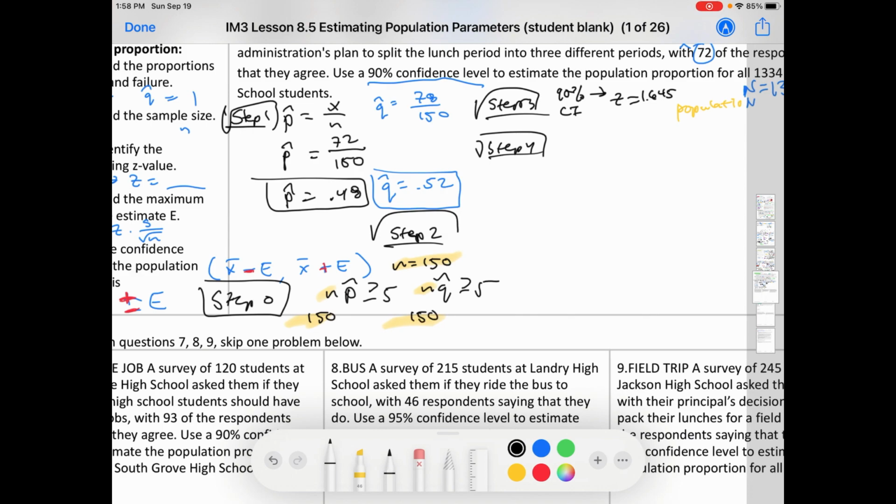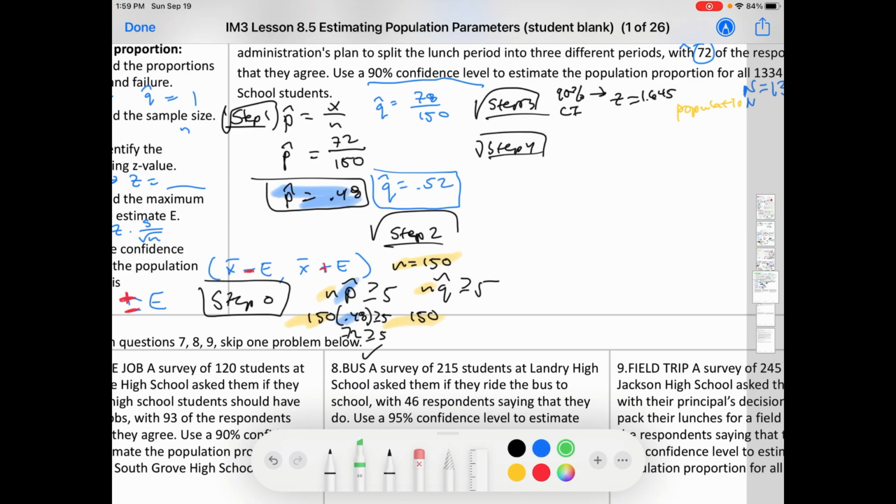150, and then my p hat is 0.48. Is that greater than or equal to 5? Put that into my calculator: 150 times 0.48 gives me 72. So 72 is greater than 5, so that's yes.